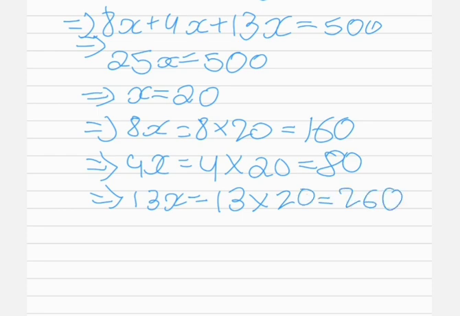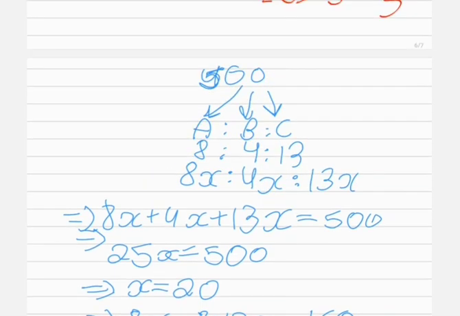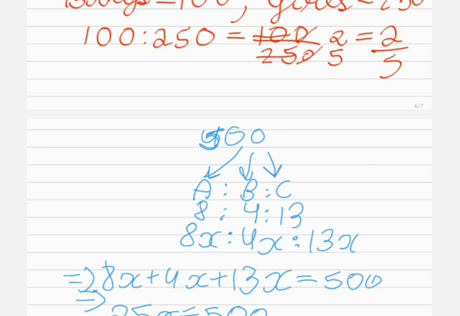So here we have the answers for A, B and C. And if we want to check, we can simplify it. 160 by 80 is equal to 2 by 1, which is 2 is to 1, and 8 is to 4 is equal to 2 is to 1.